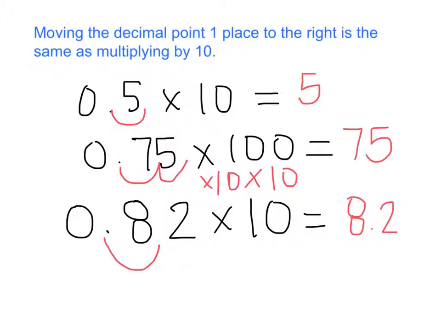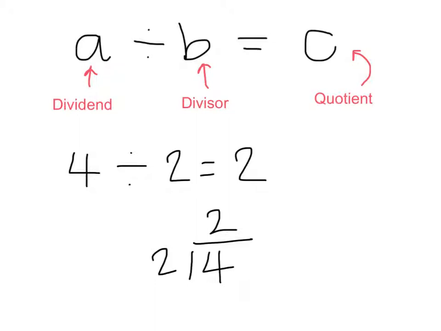Very good. Let's also review what is a divisor, a dividend, and a quotient. Right, Sawyer? So if I have an equation, A divided by B equals C. Are those real numbers? No, those are letters. We call those letters variables. Okay, that just means it could stand for any number. When you have A divided by B equals C, A is the dividend, B is the divisor, and the answer C is the quotient.